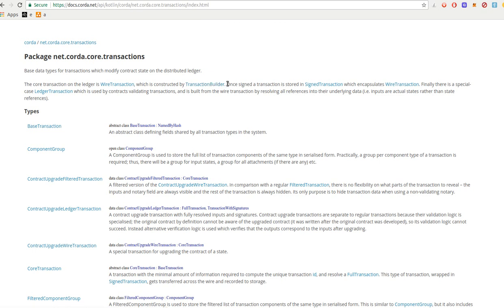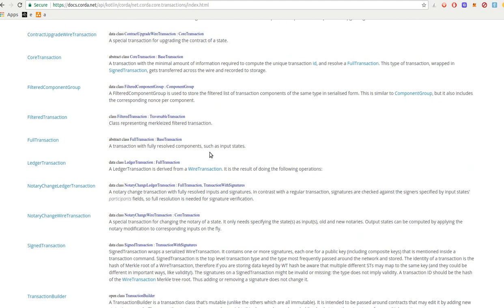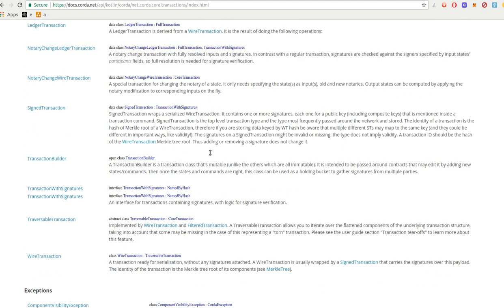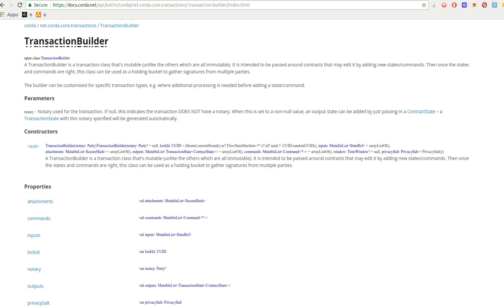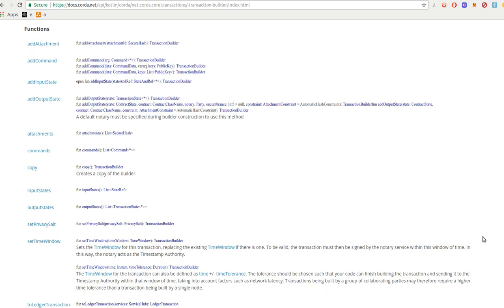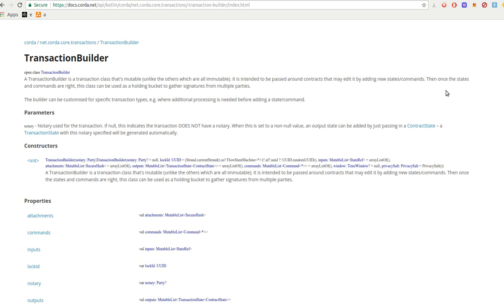this is TransactionBuilder, one class that comes up, and something that we would most likely use in a full system. We can go into TransactionBuilder here, and then we can see various parts of this.